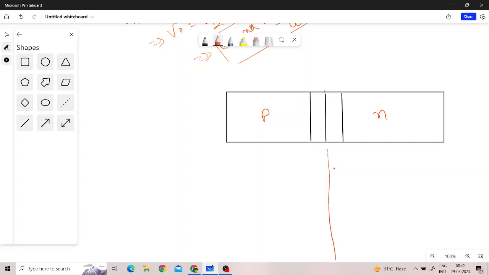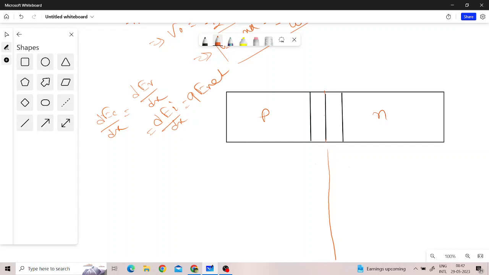As we know that dEc by dx is equal to dEv by dx is equal to dEi by dx is equal to q into E net.